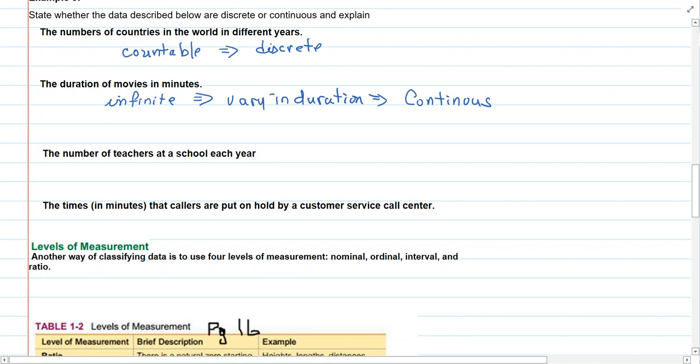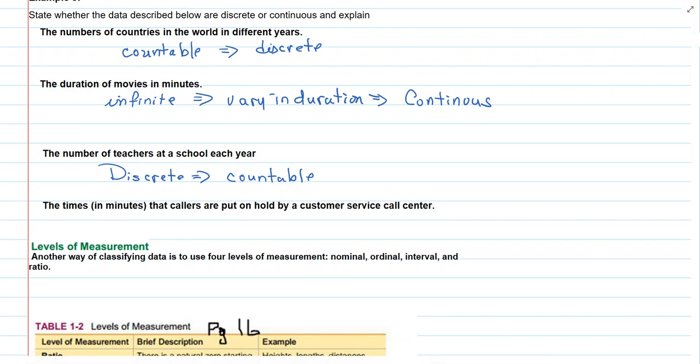The number of teachers in a school year. Well, that's discrete. Can't have a piece of a teacher because it's countable. Times in minutes that callers are put on hold by a customer service call center. And of course, that is continuous.